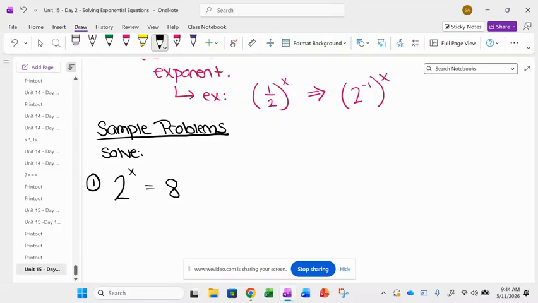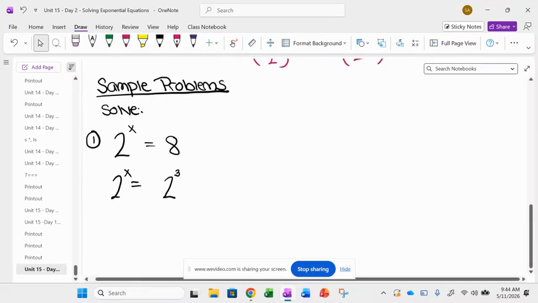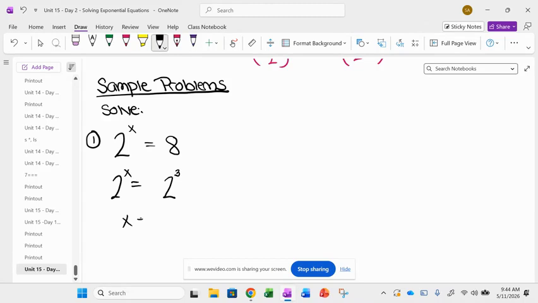Yeah, absolutely. I can change 8 to a base of 2 if I have 2 to the third power. So now that we have the same base, it's saying 2 to the x is equal to 2 to the third. Now we can set their exponents equal, and we get x is equal to 3.